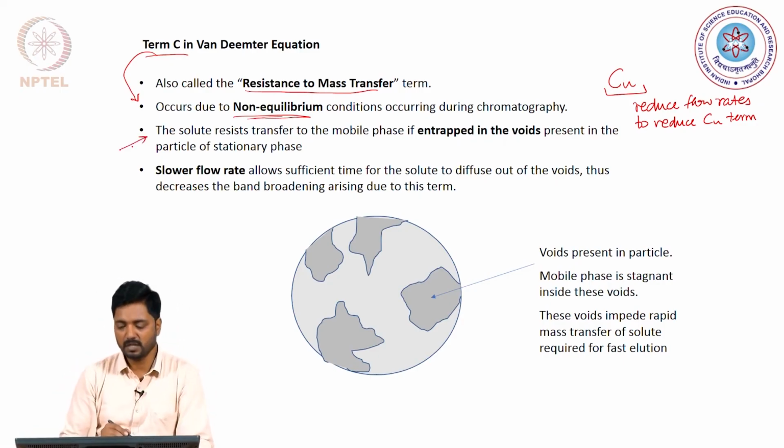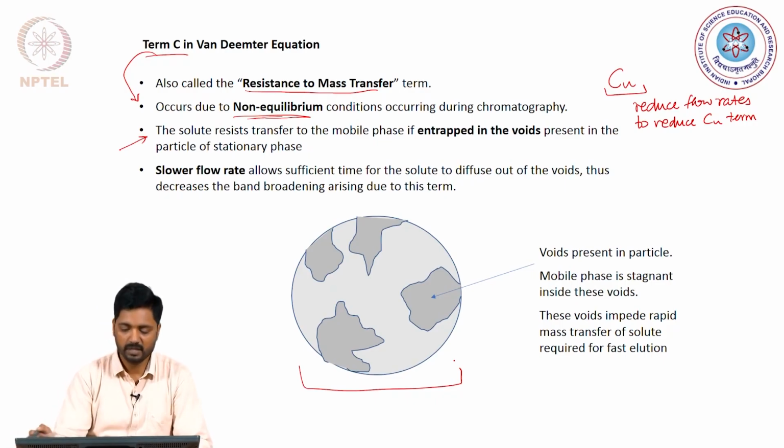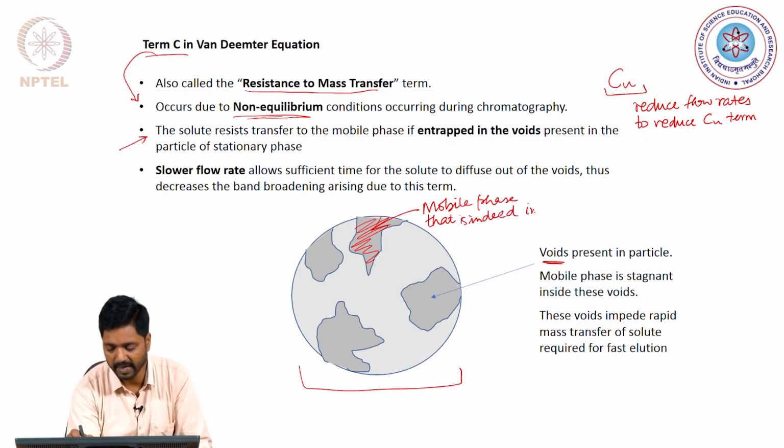Now, if we consider the particles that are often used to make the stationary phase inside chromatography columns, these particles have voids present in them, and these voids are filled with mobile phase that is indeed immobile or stationary.